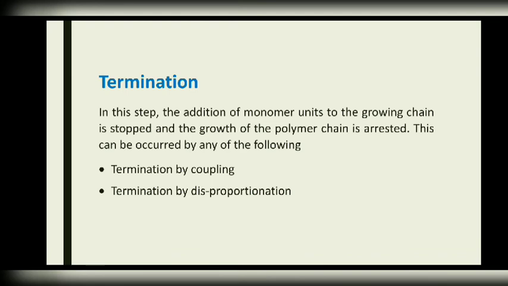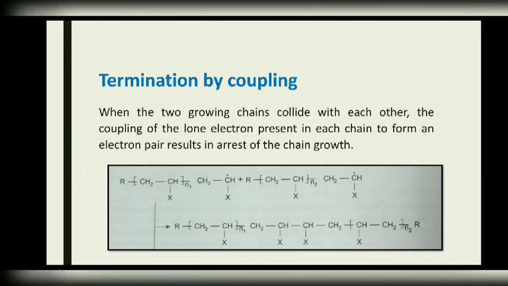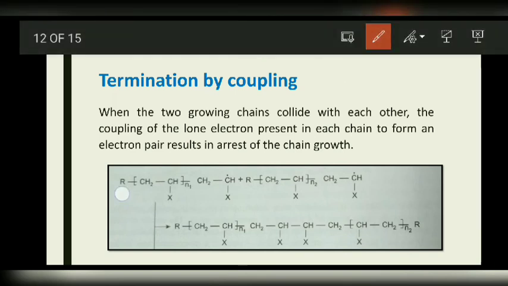First one, termination by coupling, or termination by disproportionation. Let us study the termination by coupling. When two growing chains collide with each other, the coupling of the lone electron present in each of the chains to form an electron pair results in arrest of the chain growth. See here, this is one growing chain with an unpaired electron, and this is another growing chain with an unpaired electron.